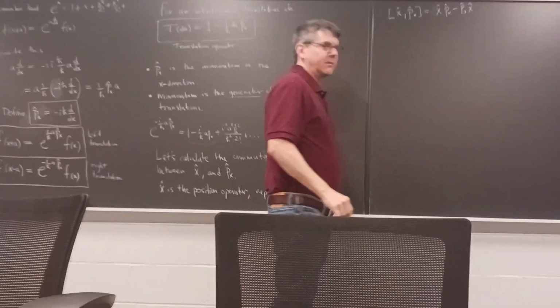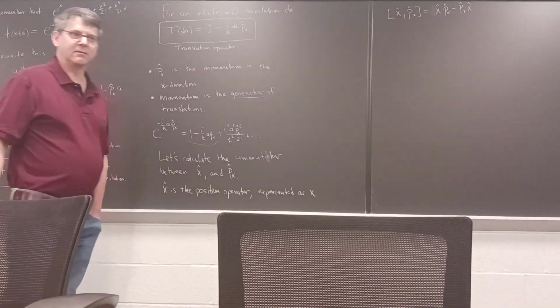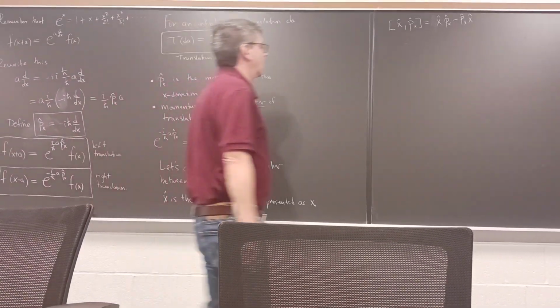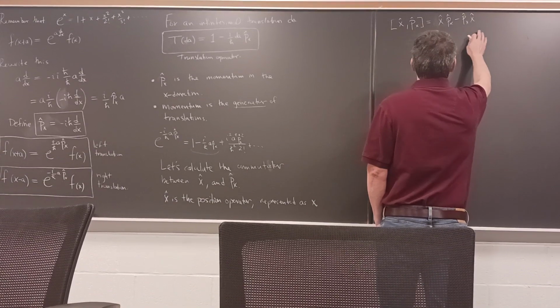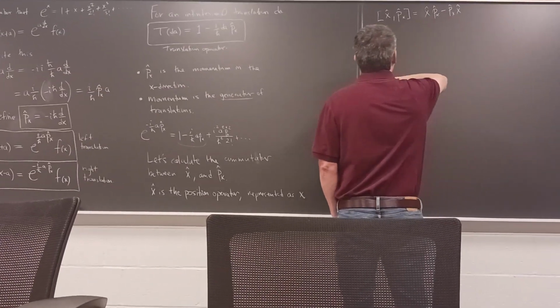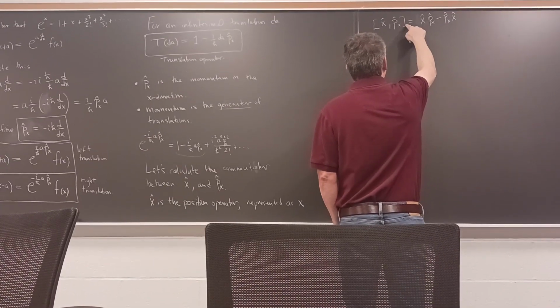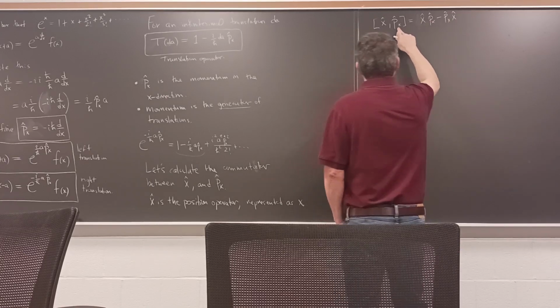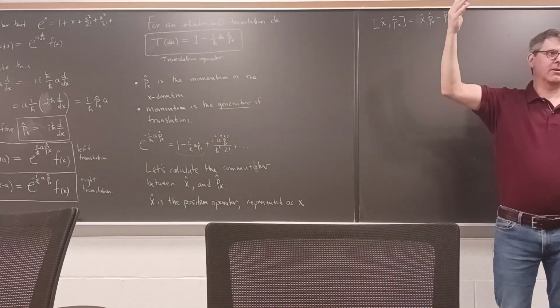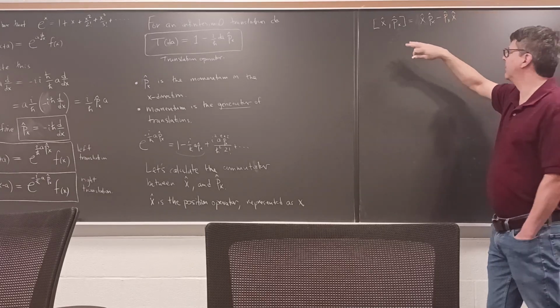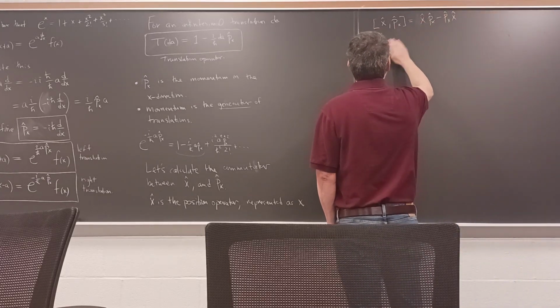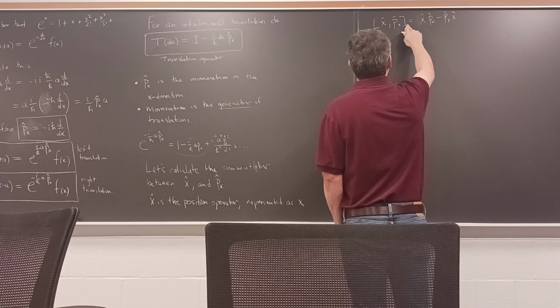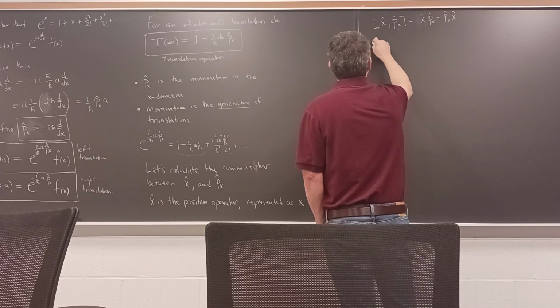But that's really hard to figure out what it does. So the way that you calculate commutators is you put a function here and let it operate on the function, right? Because p x is a differential operator. So if you want to calculate it correctly, put a test function here, and let it operate on it.